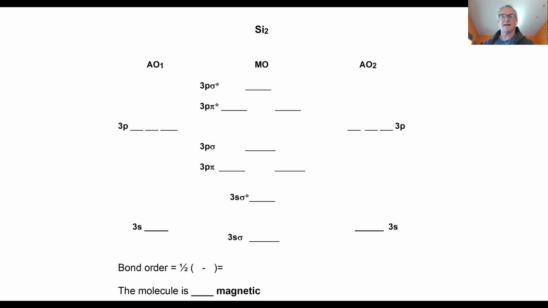Yeah, what we've been seeing is an octet of 8 electrons being 4 bonds. So I think that's what I meant by that question. It wasn't a very good question, obviously.